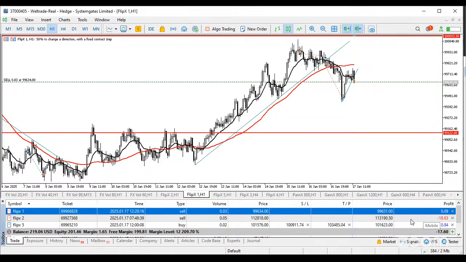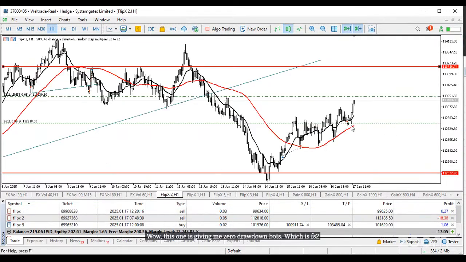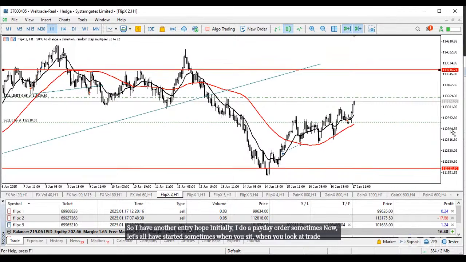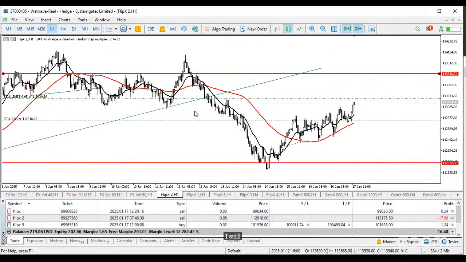Wow, this one is giving me zero drawdown, but this is FS2. I have another entry up. Initially, I did a pending order. Sometimes, now the lecture has started, when you look at a trade, I still use break of structure on this trade.